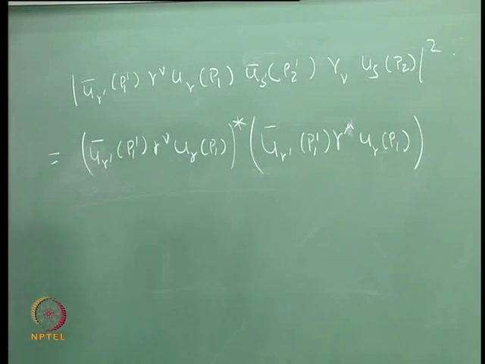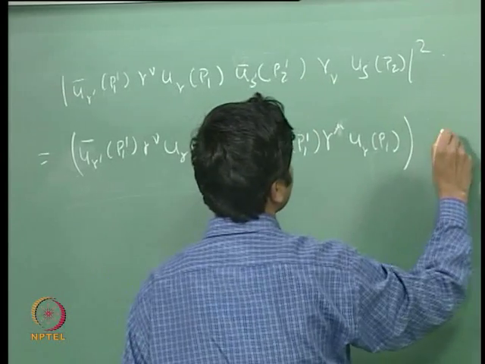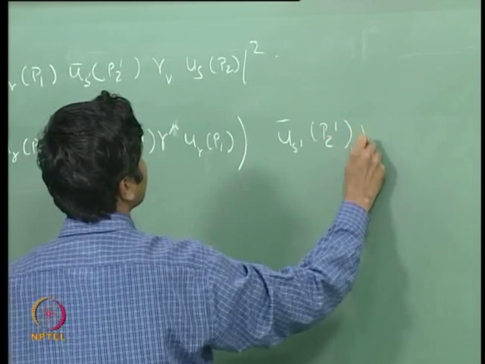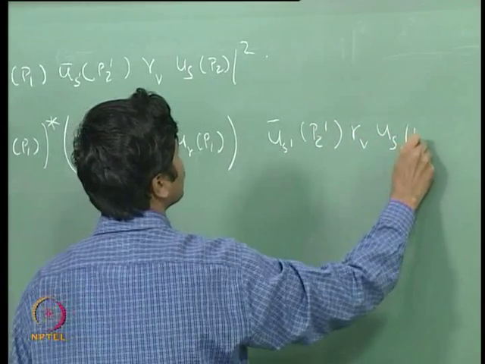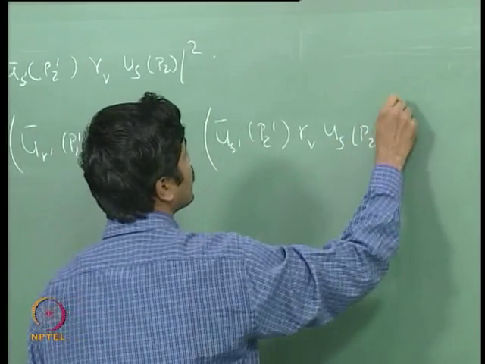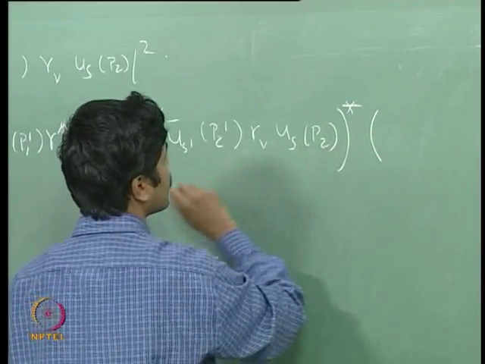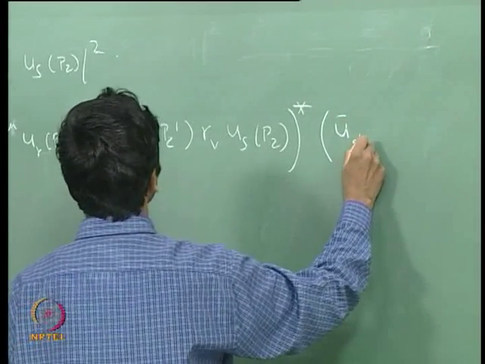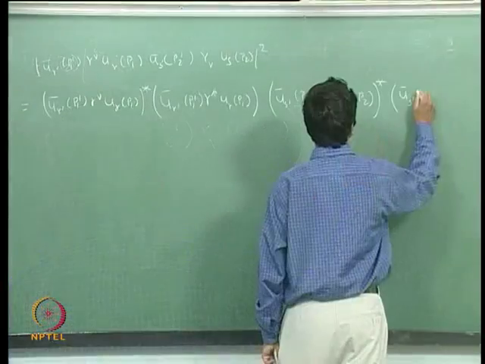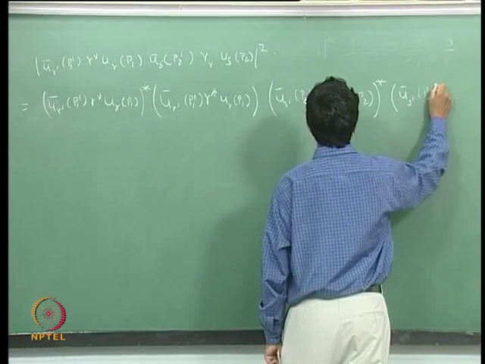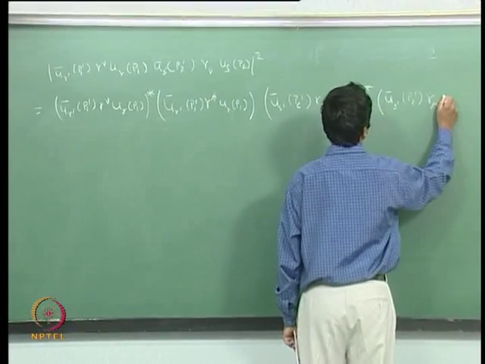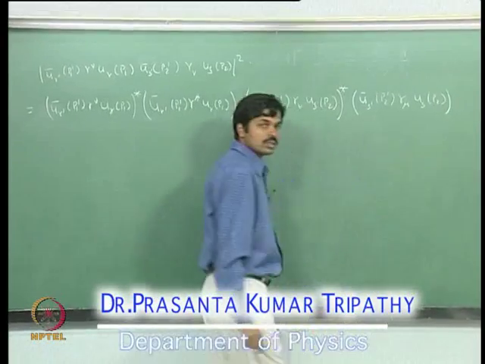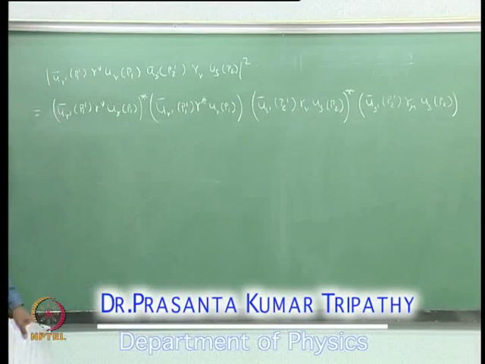And similarly the second term will give u bar s prime P2 prime gamma nu u s P2 conjugate of this, and u bar s prime P2 prime gamma mu u s P2. All right. This is what you are doing.